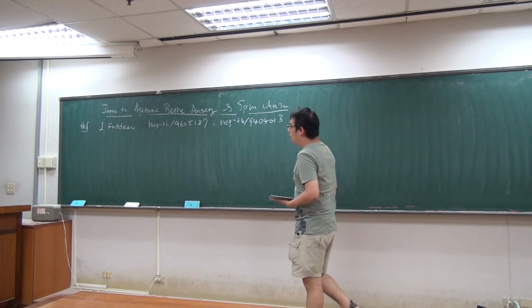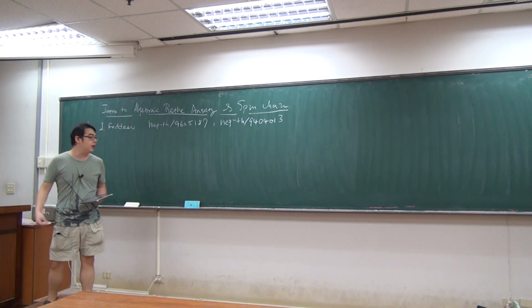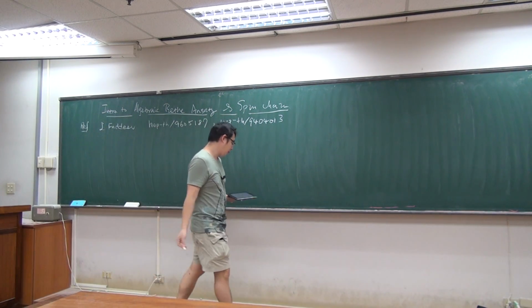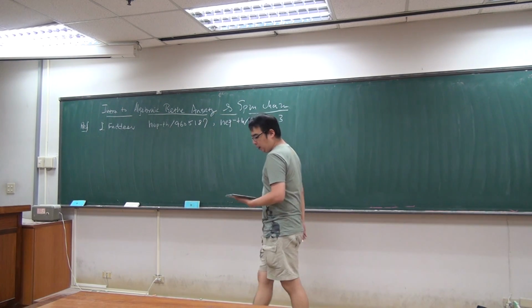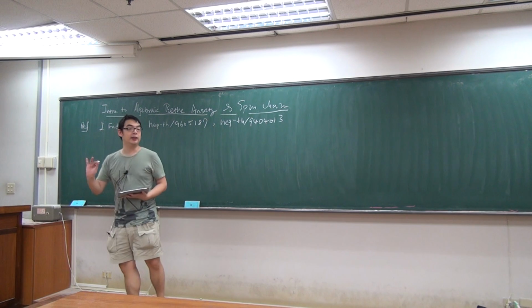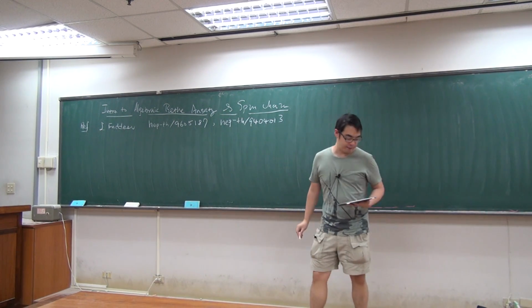Before I go straight into the spin chain, let me give some brief comments about the general structure of a lattice model, and also set the notation for today's lecture.